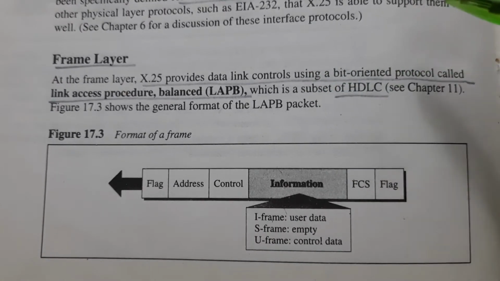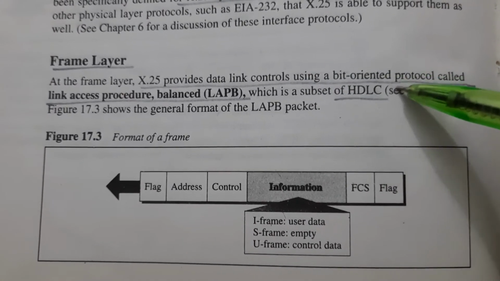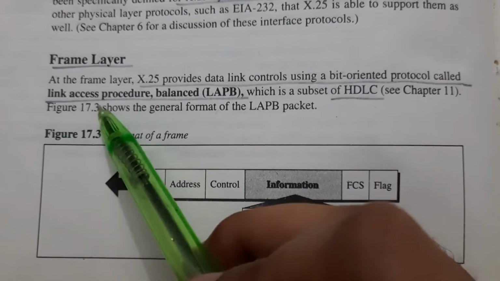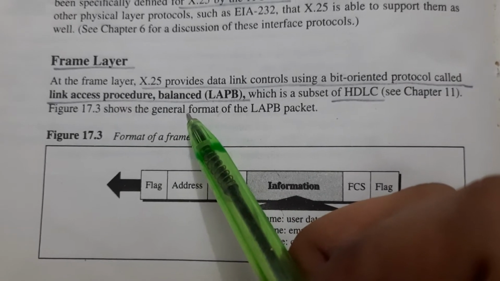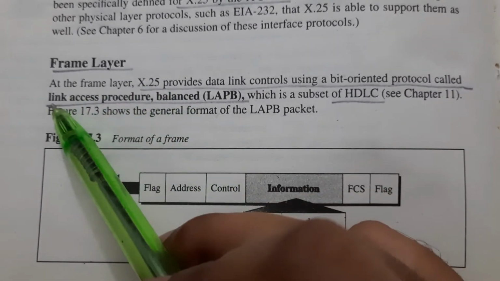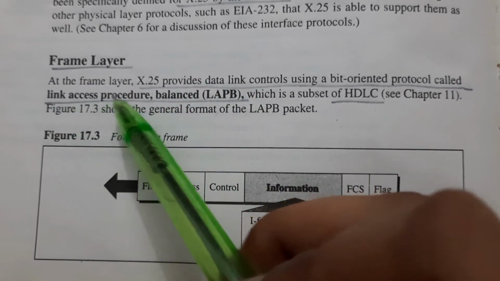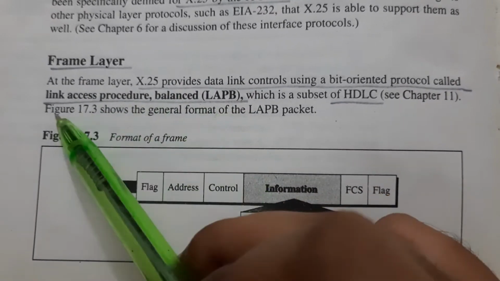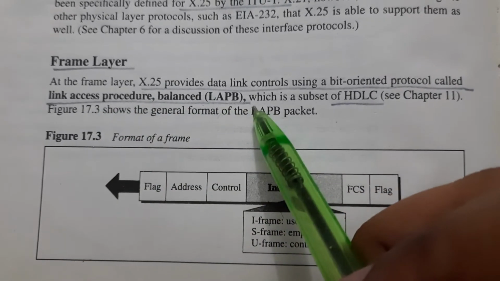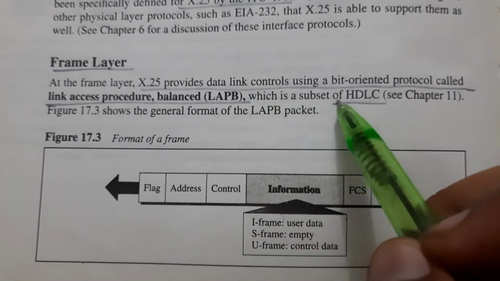it performs data link control such as flow control and error control using a bit oriented protocol called Link Access Procedure Balanced or Link Access Protocol Balanced, LAPB, which is a subset of HDLC.